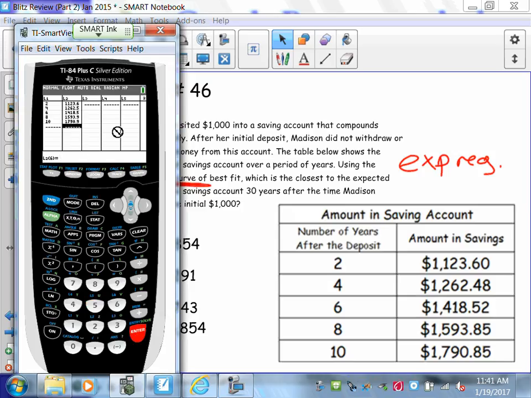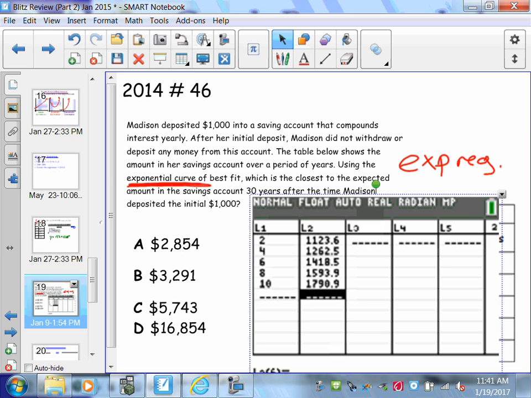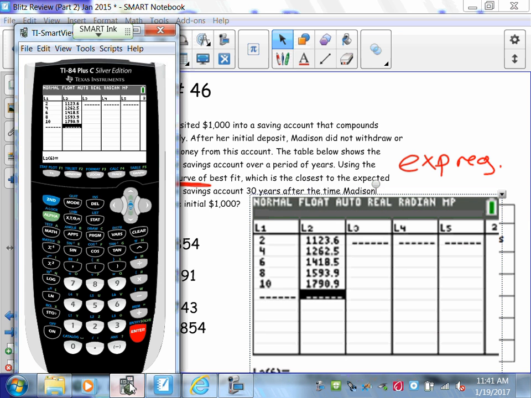Okay, so let me drag this over here. So that's what that looks like on your calculator. True? Okay. And then you need to calculate the x reg. So stat, calc, x reg is 0. Enter, enter, enter, enter until it calculates.